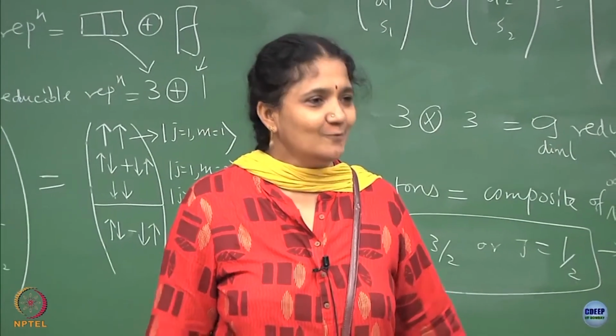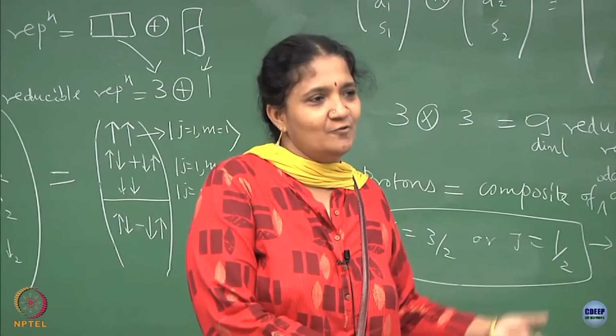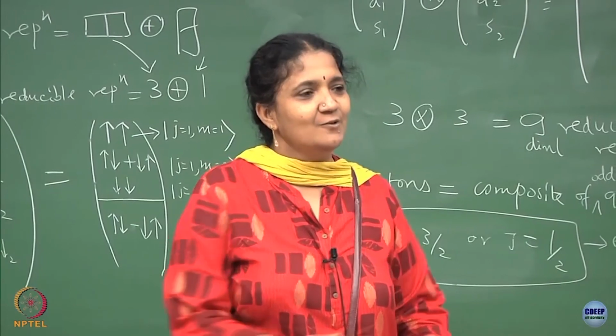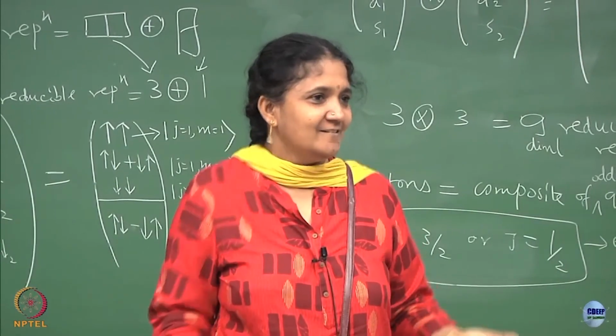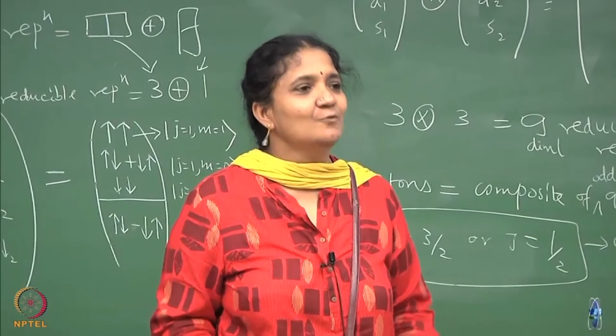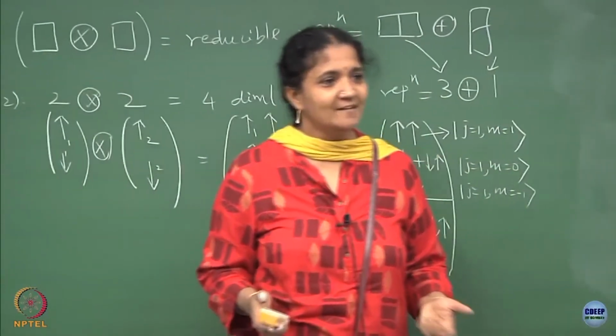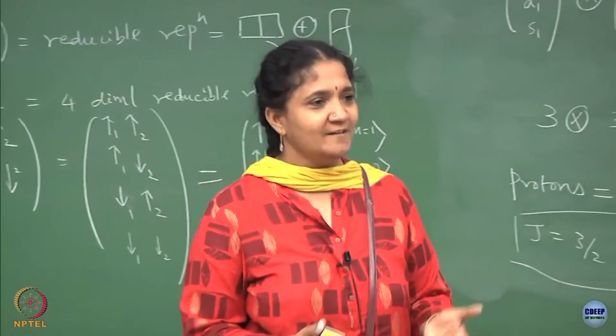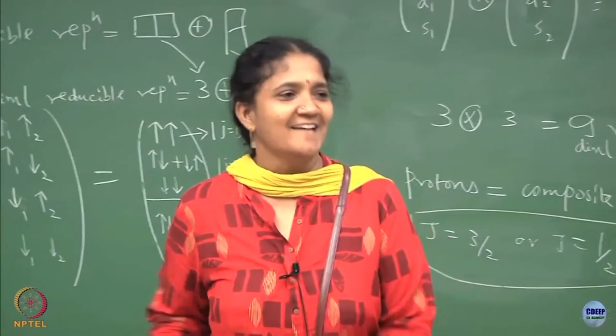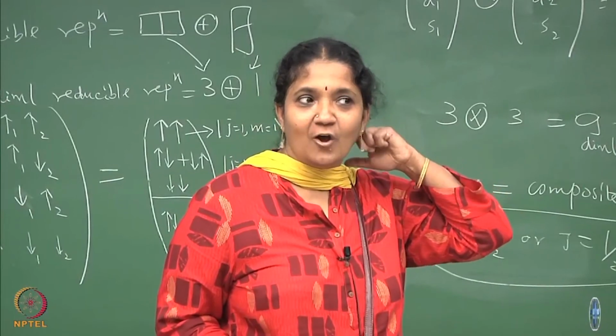If you get negative roots, where the experiments give a positive value, you say that is unphysical. This is what we do. Mathematics can give you certain things, but mathematics hand in hand with experiments will only tell us which one to be taken for physical reality. So, that is not given by math.